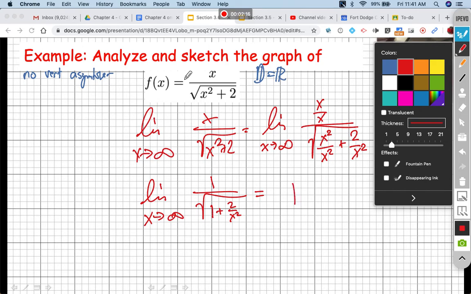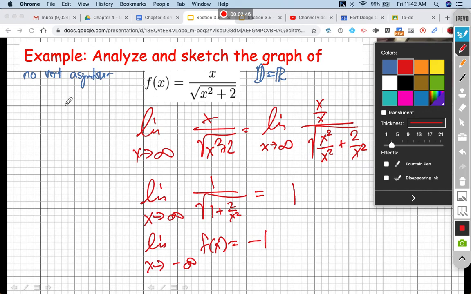But now I have to go back to the original problem. What happens at positive infinity? As we're going to positive infinity, the numerator is positive, and the denominator will always be positive, so we go to 1. If I'm looking at the limit as x approaches negative infinity, the numerator is going to be negative, the denominator is still going to be positive, so in this case, I'm going to get negative 1.